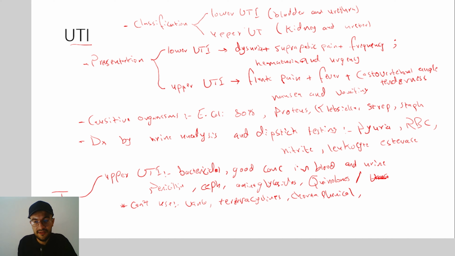We can't use macrolides because they are secreted in urine in low concentrations. And we also can't use cotrimoxazole because it is bacteriostatic. We need a drug that is bactericidal.